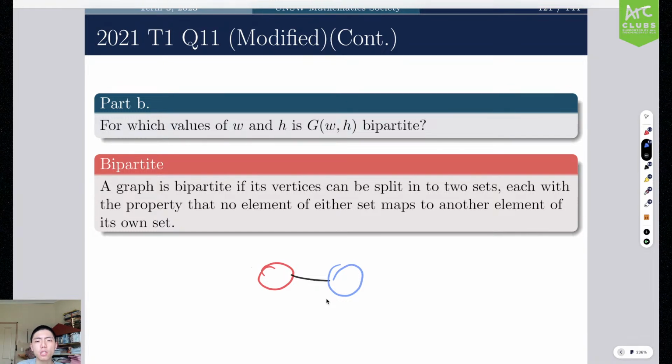If it is possible to split it so that the graph can be split into 2 different colors, where every red thing is connected to blue and every blue thing is connected to one or more red nodes, then that means that this graph is bipartite. So essentially the way you deal with bipartite questions is to split it into 2 colors, right? As long as 2 vertices are connected by an edge, they have to be opposite colors. If it is some scenario where there is conflicting color for the same vertex, then that means that this is not bipartite.